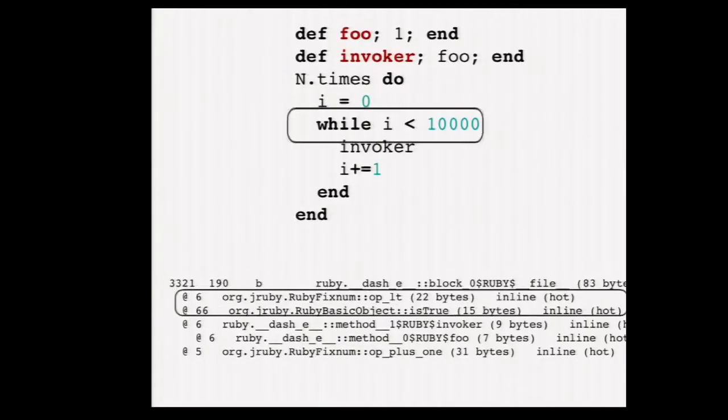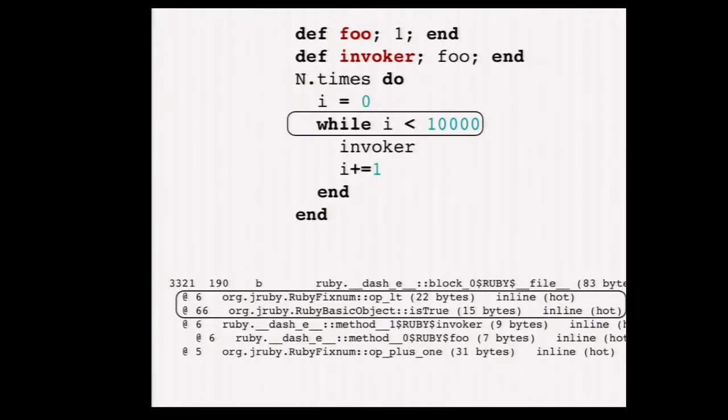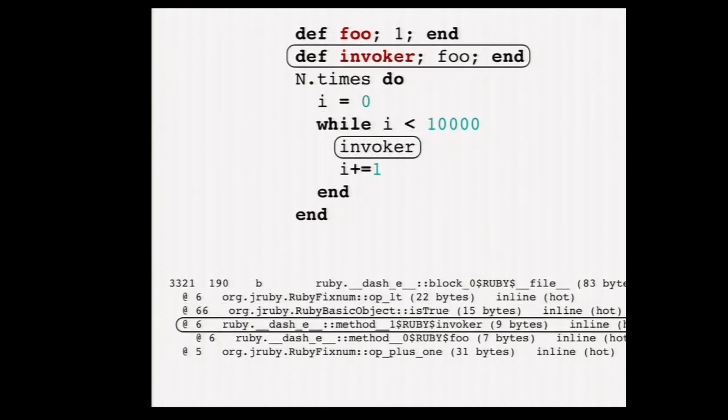If we look at an example of this actually happening with JRuby on InvokeDynamic, here we have our block, our little loop that's running the invoker calls. This is the next level down, and the JVM is actually inlining the I less than, the fixnum less than logic here. We've got the invoker method being inlined as well.